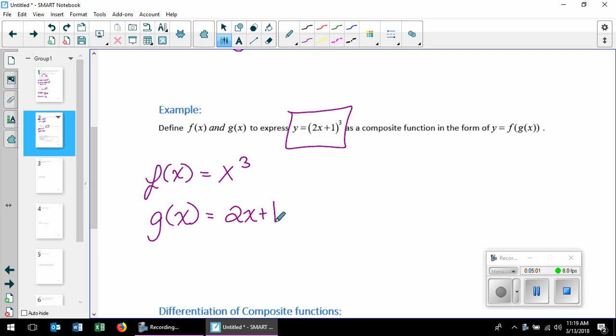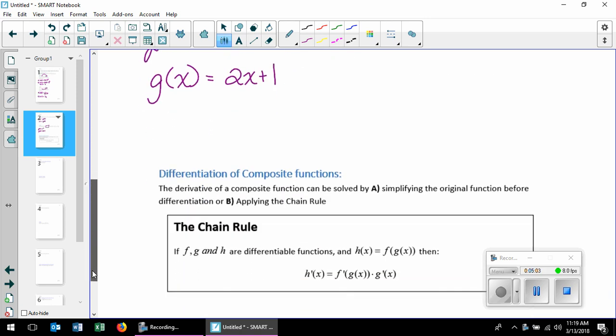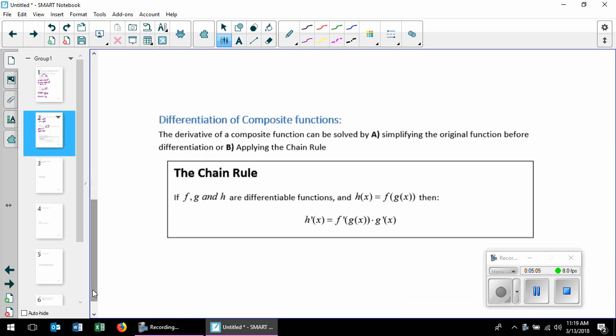Okay, so now we're talking about differentiating a composite function. And we have to do that using the chain rule. I'm sure you're super pumped. Okay, so the derivative of a composite function can be found by A, simplifying the original function before differentiation, or B, applying the chain rule. This is the chain rule.